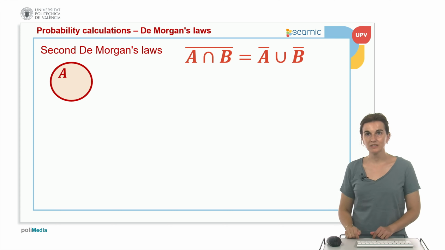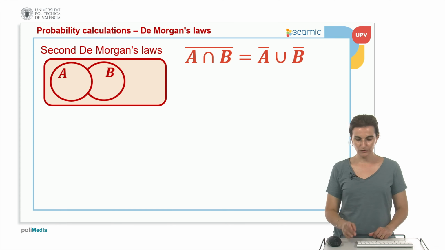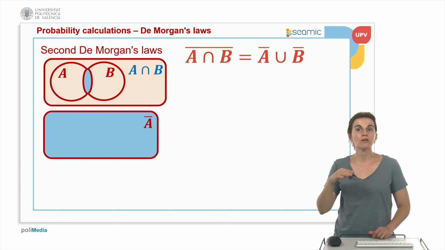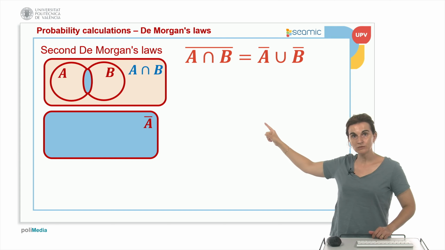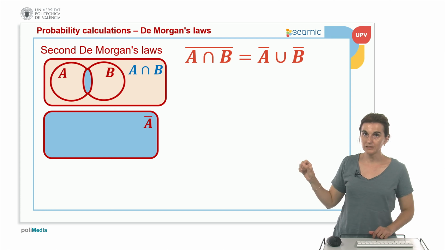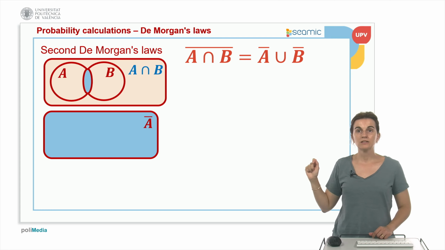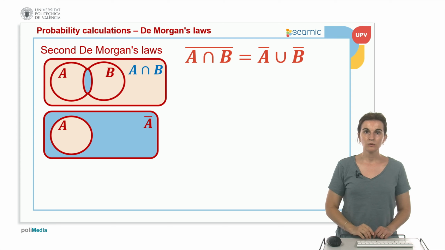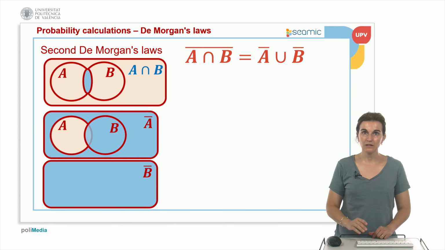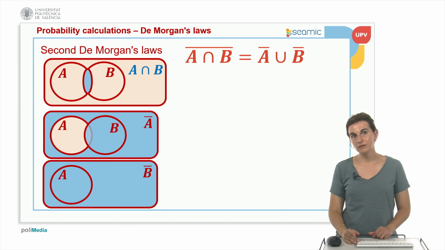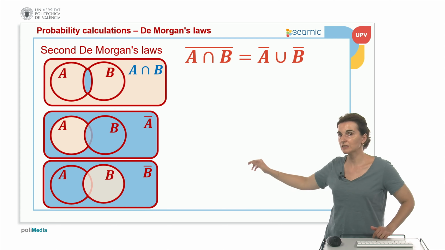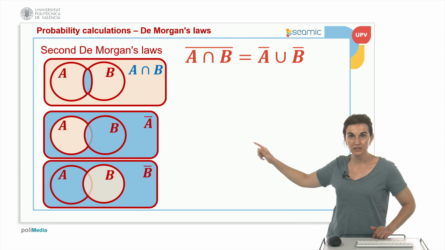So, if we want to define these ideas, we should consider, first of all, the area given by the intersection of A and B. All of you know which is this area in blue, that's underlined there. This is the intersection, the joint probability of A and B. And to obtain its complementary, we should consider the area provided by no A and the area provided by no B, which is this remaining area in blue, which were marked here in these two schemas at the bottom of the slide.